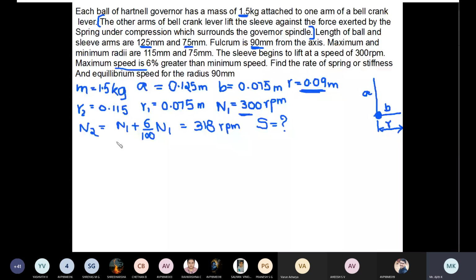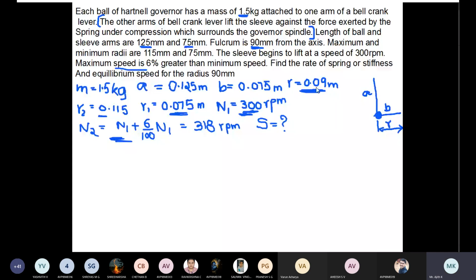When the radius is 0.075, speed is 300. When the radius is maximum, speed is maximum. When the radius is minimum, speed is minimum. You have to find the speed when the radius is 0.09.